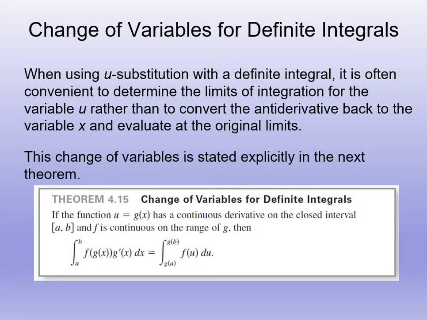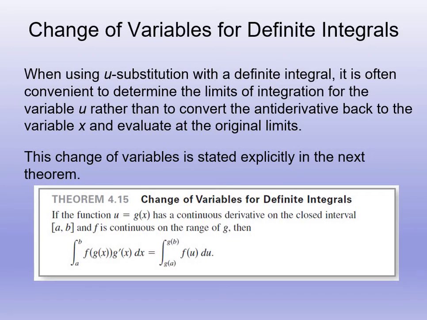So when we do u substitution with definite integrals, it's imperative that we make sure we find our new values of integration. We're given our integral with our original a and b, but that's in terms of x. So once you choose what u is going to be, you have to find your two new values of integration, because you're going to integrate based on what u is, not on what x is.